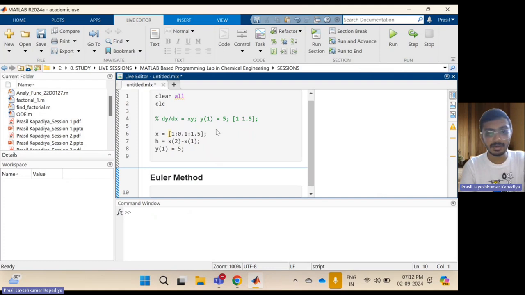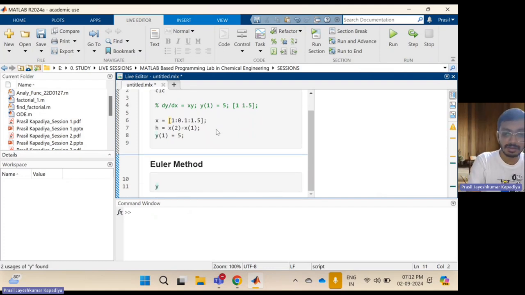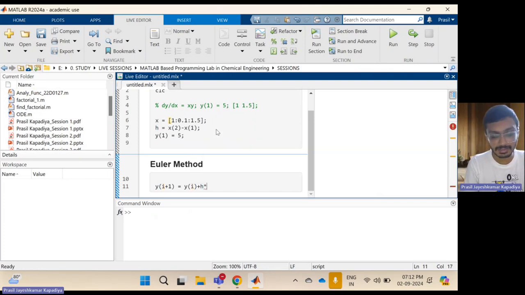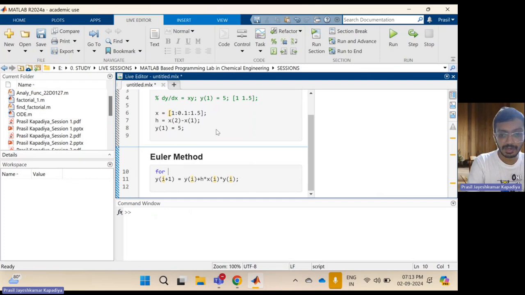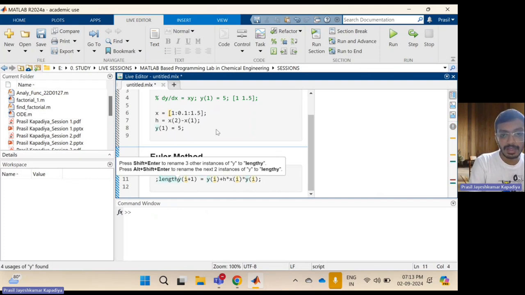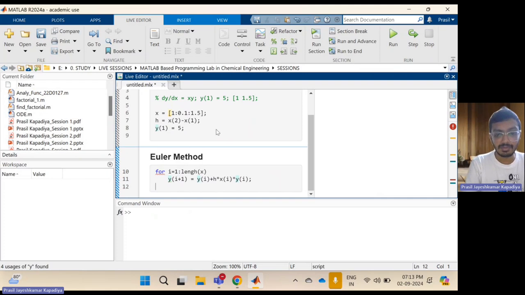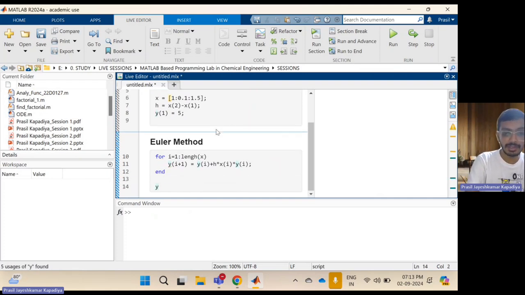Now, let's first solve it using Euler method. So Euler method says that y of I plus 1 is equal to y of I plus h into f of x of I, y of I. So for I is equal to 1 to length of x, this is the equation, and I will put end here, and I will say my y Euler is equal to y.